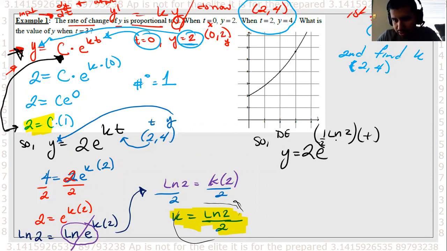That's really messy, I'm sorry, guys. Just notice that all of this is the exponent. Now we have the exact equation for this.